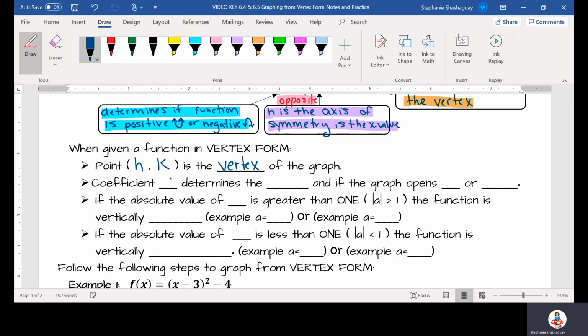The coefficient a determines the width and if the graph opens up or down. If the absolute value of a is greater than 1, the function is vertically stretched.